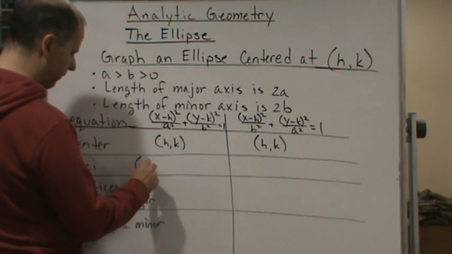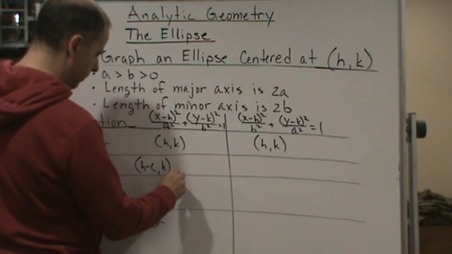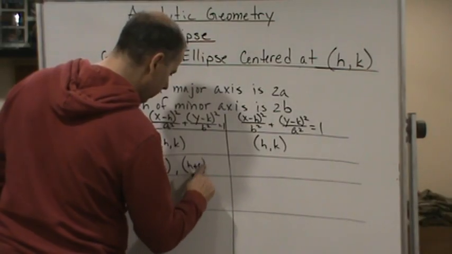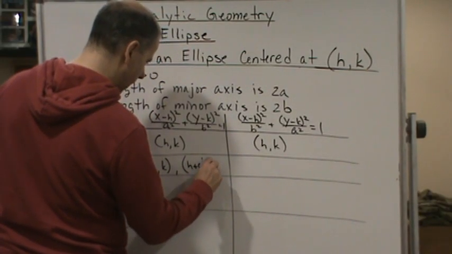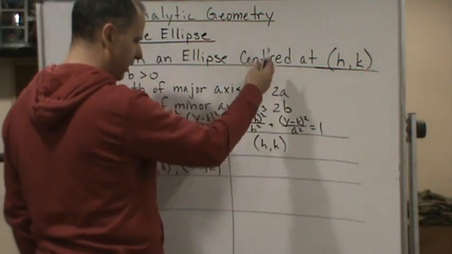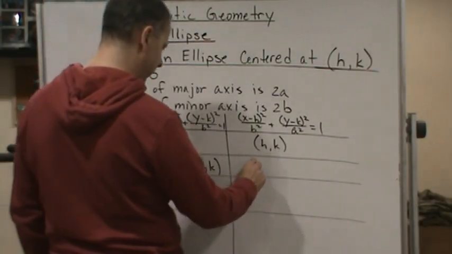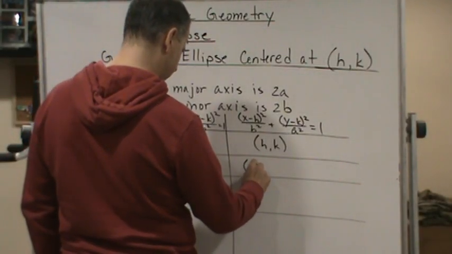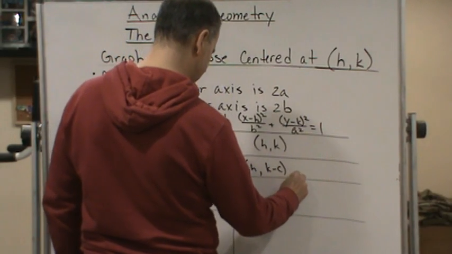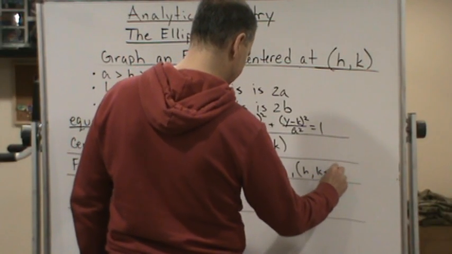So in this case here, the foci would be at h minus c, comma k, and h plus c, comma k. And of course, if we're talking about the vertical direction for the major axis, then we would just swap the coordinates. So it would be h, comma, k minus c, and h, comma, k plus c.